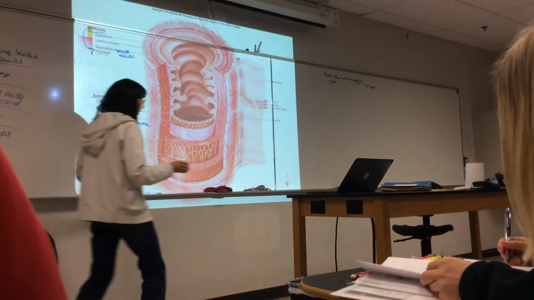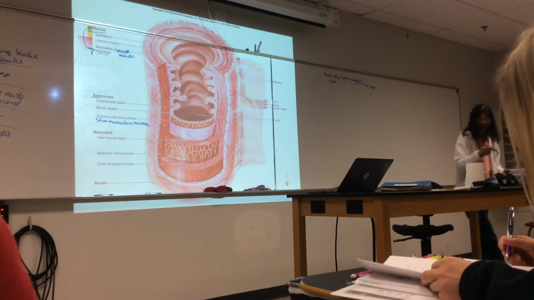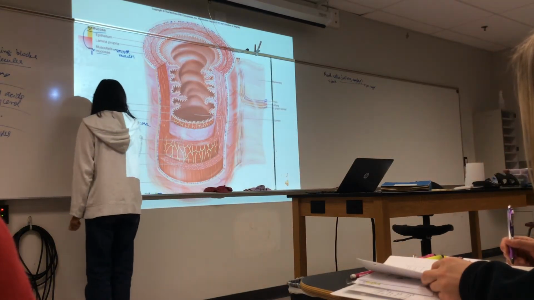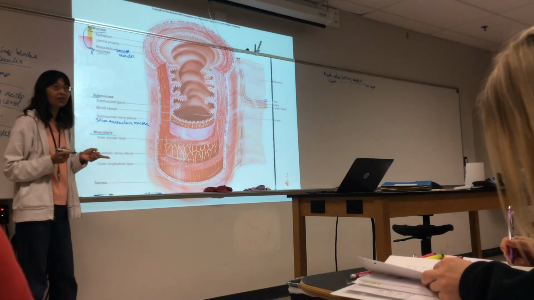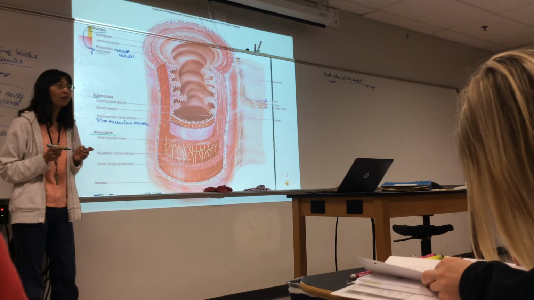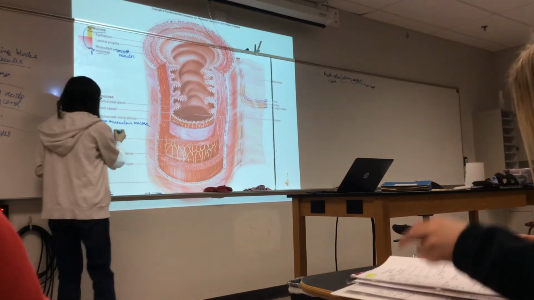Now, I'm going to change pen because I want you to make sure that you know it's a different color. The next layer is just muscularis by itself. What is muscularis referring to? What does that mean? Muscle, yes? What kind of muscle? Smooth muscle. Like, what?